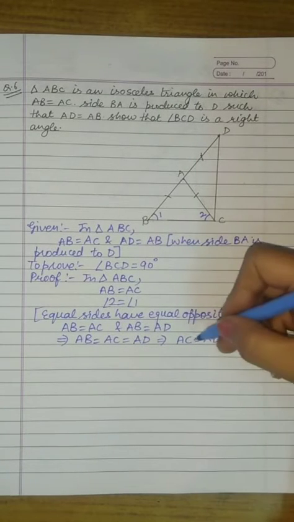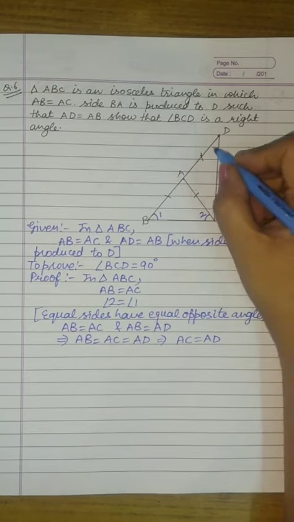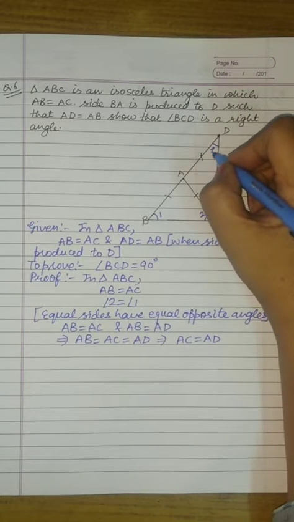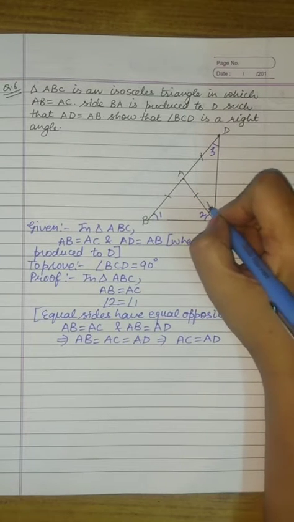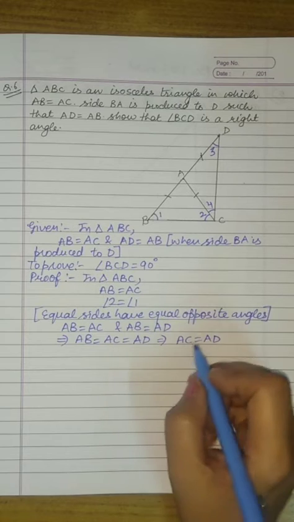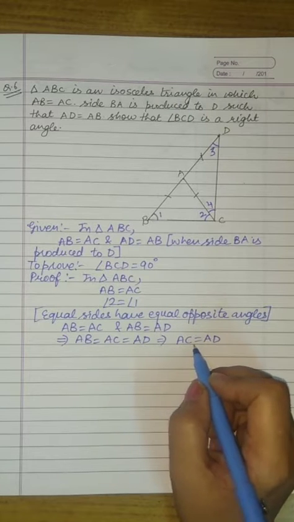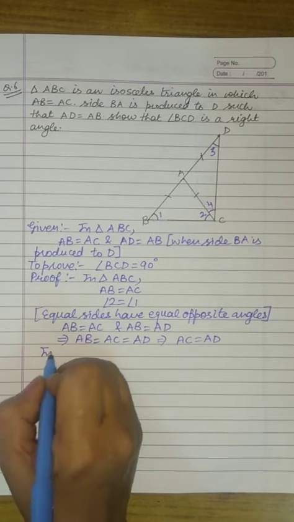Now what is the angle opposite to AC? Let the angle opposite to AC be angle 3 and the angle opposite to AD be angle 4. So we will write in triangle ACD, AC is equal to AD, and the angle opposite to side AC is angle 3 and the angle opposite to AD is angle 4.